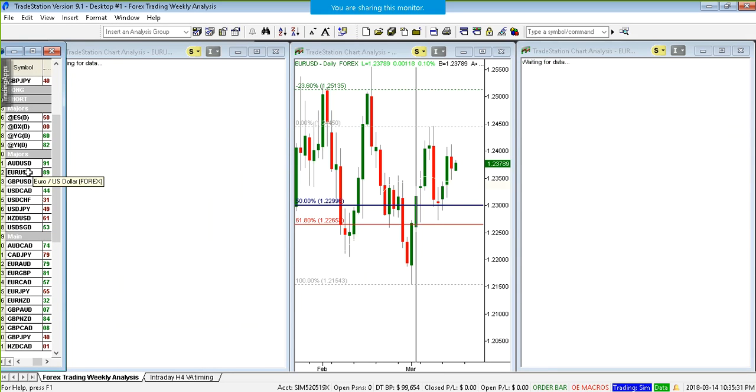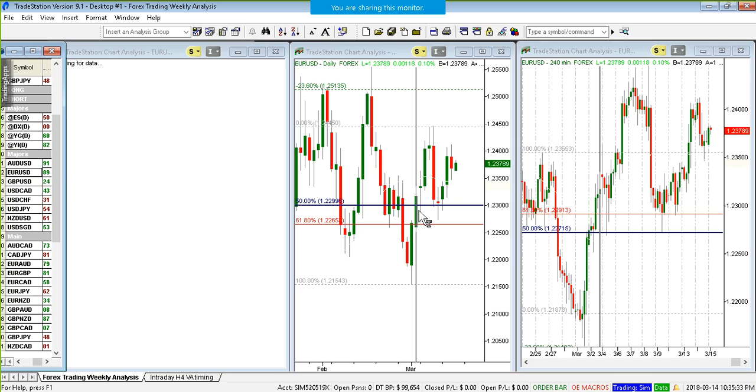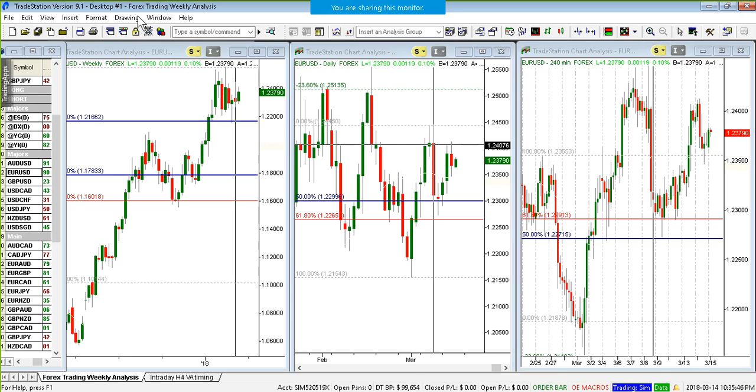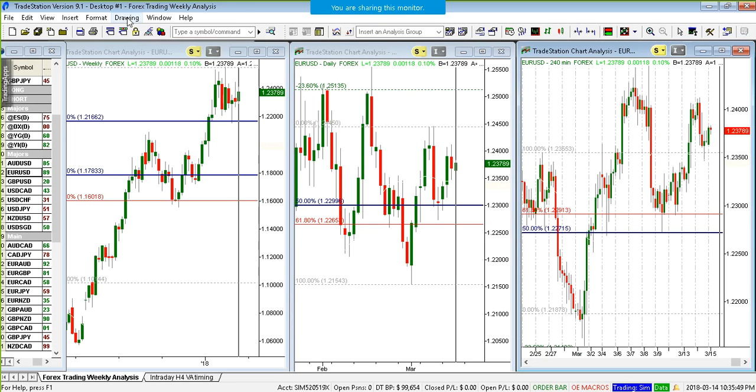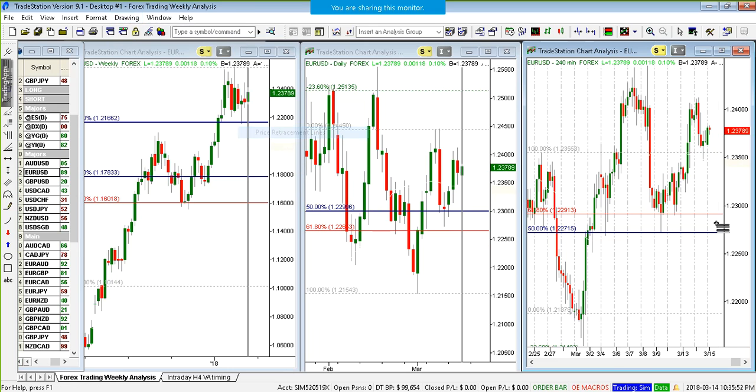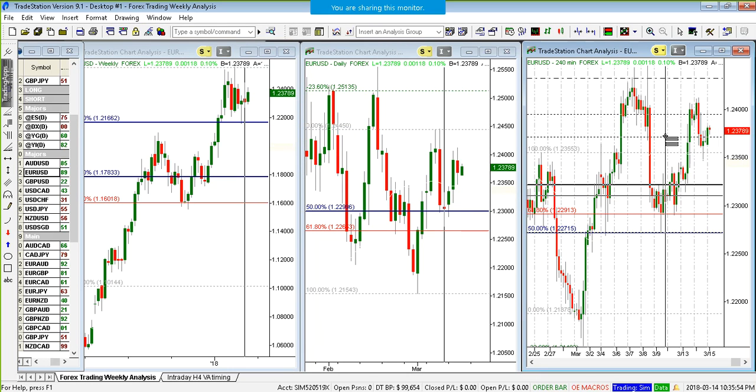Similar story here for the euro dollar, which had a stronger correction once it tested the previous highs. However, let's see if this 50% is still holding in this market, the lows to highs here.